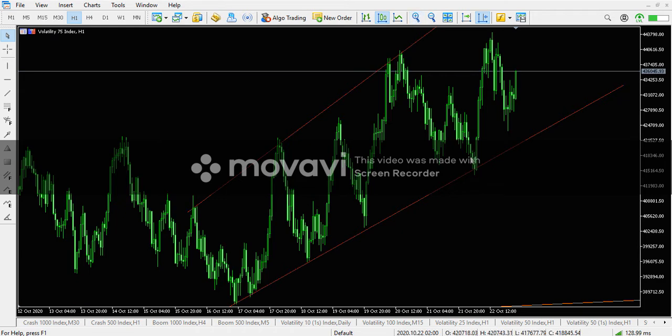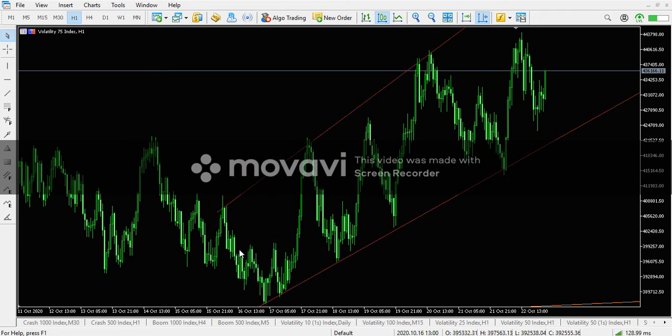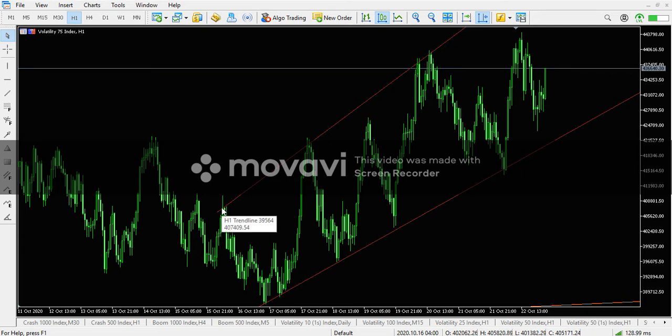Let me give an example. You can see it started this channel here. From here you can see the pin bar. It broke out, then closed inside the trend line, so the trend line is still valid.